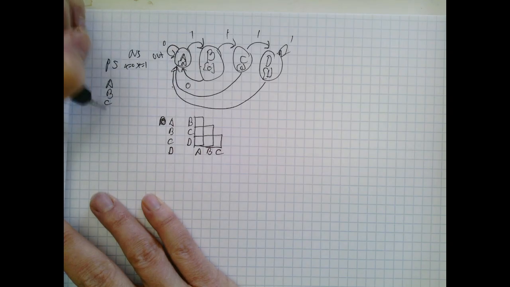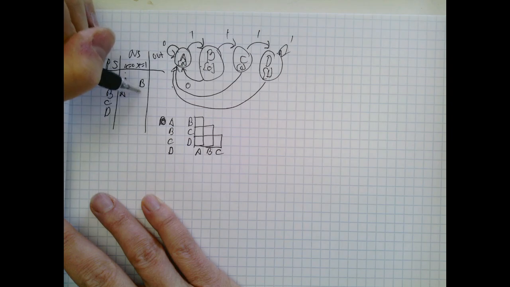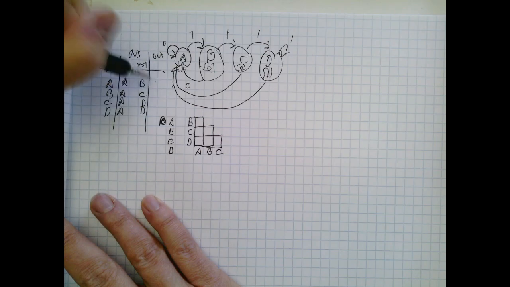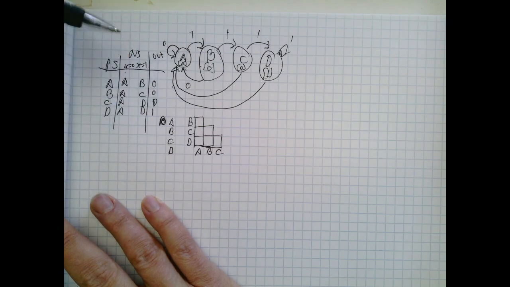A, B, C, D. If you're in state A, you get a 0, the next state is going to be A, otherwise it's going to be B. If you're in B and you get a 0, you go to A, otherwise you're going to go to C. If you're in C and you get a 0, you go back to A, otherwise you go to D. If you're in D and you get a 0, you go to A, and otherwise you stay in D. Outputs are going to be 0, 0, 0, and 1. That's probably not going to reduce.